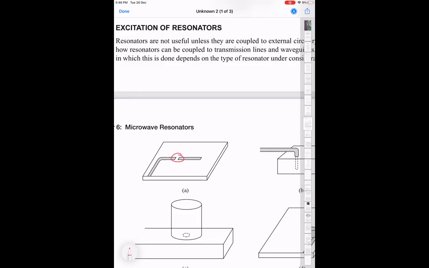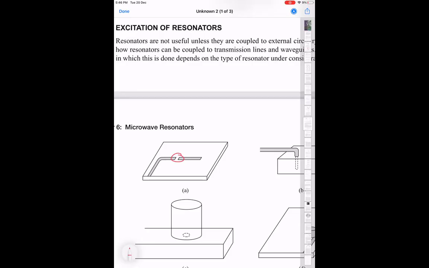This now supports a λ/4 mode, but it's a three-dimensional version because this part is machined separately. I can take that off, and then here is just a piece of cavity. There is a similar piece on top which covers the whole thing.